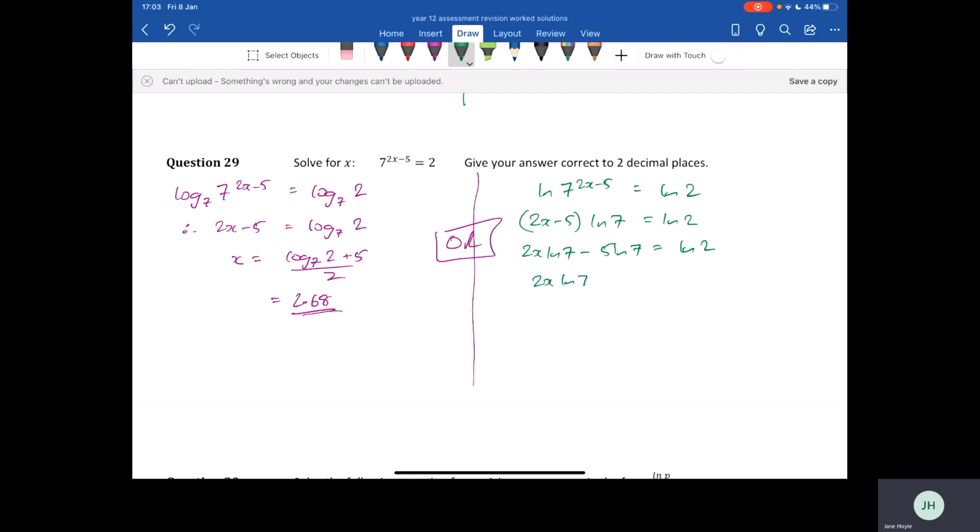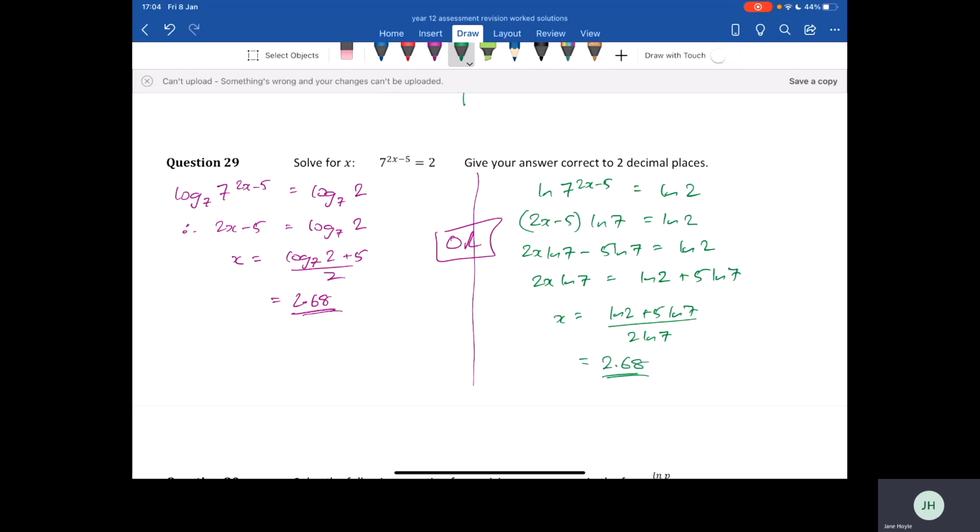So 2x ln 7 would be equal to ln 2 plus 5 ln 7. So then x is equal to ln 2 plus 5 ln 7 over 2 ln 7. And if you work that out, we're going to get 2.68 again.